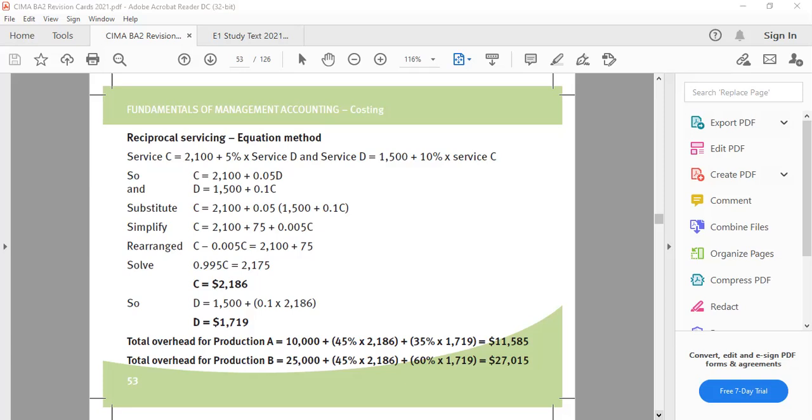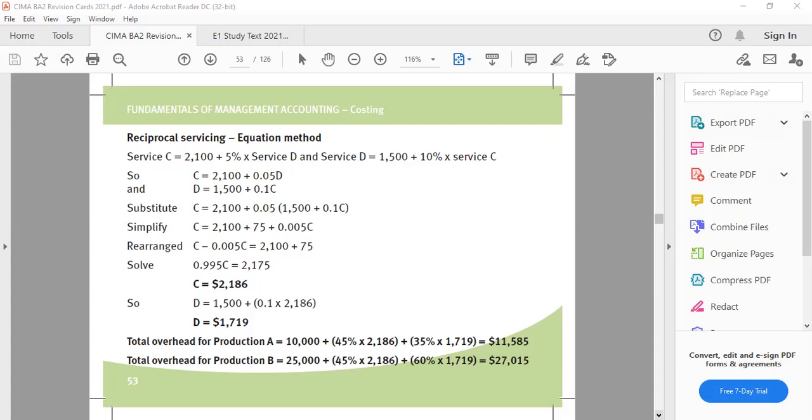So after this, we need to know how much is the total cost charged to A and B. So A has spent 10,000 by itself, plus A will now receive 45% of whatever is incurred by C, which is 2,100, plus it will receive 35% of whatever is spent by D, which is 1,500.